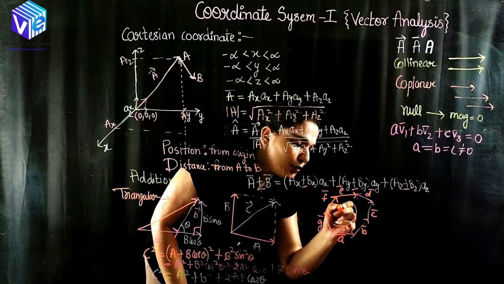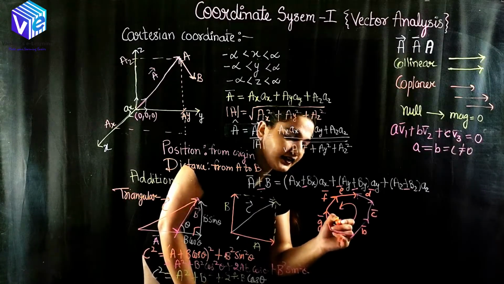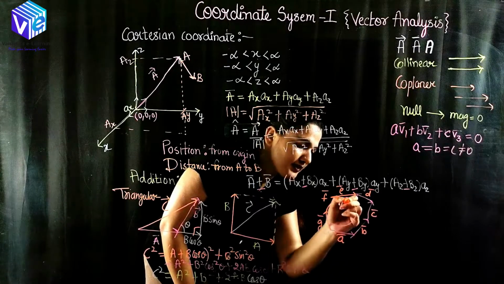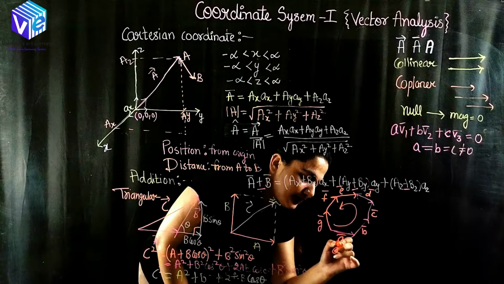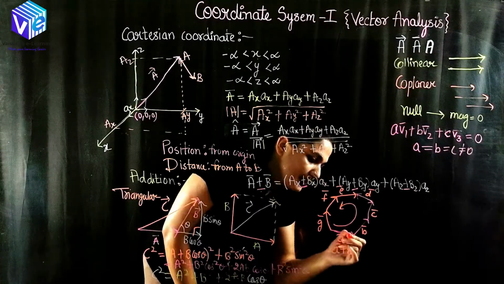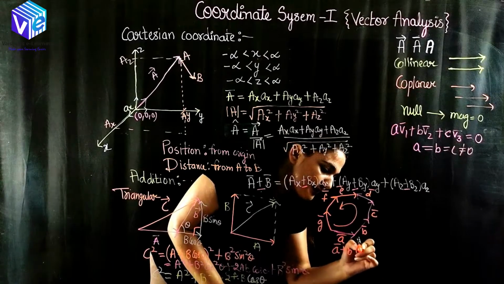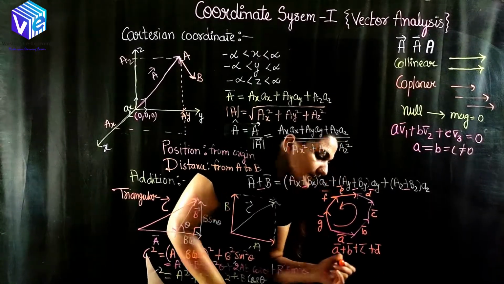Now I will be moving in any direction and I will be seeing which vectors are in the direction. So I am moving in this anti-clockwise direction. A vector is in the direction, so I will be writing A vector. B vector is also in the same direction, so I will be adding B. C is also in the same direction, I will be adding C. D is also in the same direction, I will be adding D.